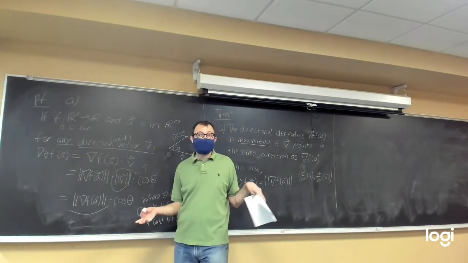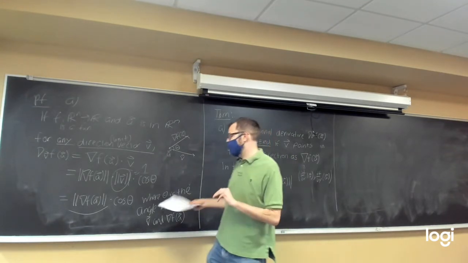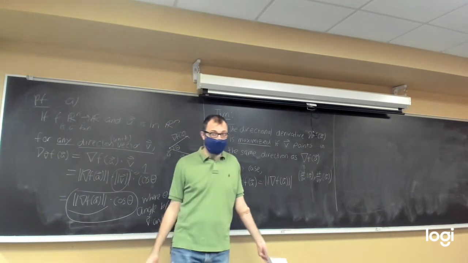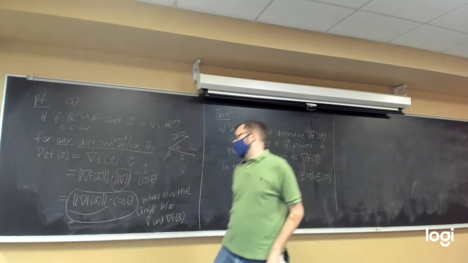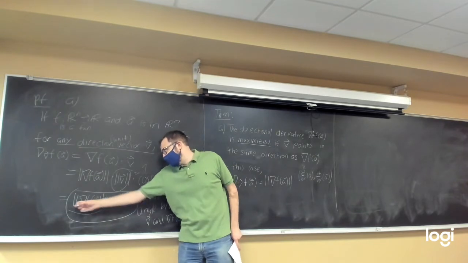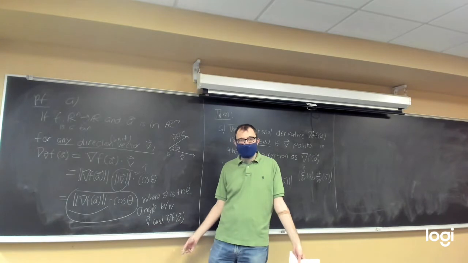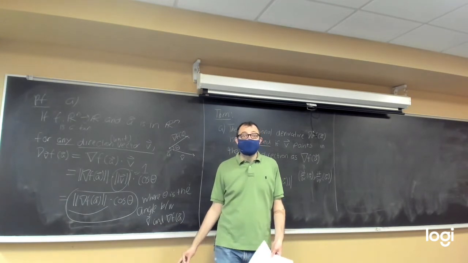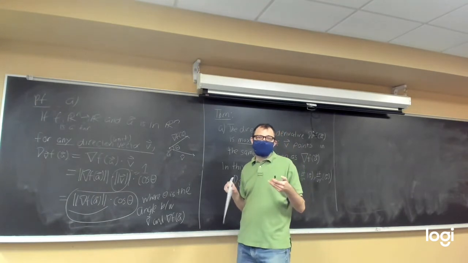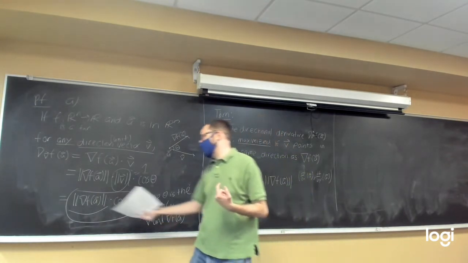But if all that you're looking at is what direction can I walk in that'll make the directional derivative, this whole expression, as big as possible, whatever we plug in for v is not going to affect this number. It's only going to affect the cosine of theta term. So really, the question we need to ask is, what vector should we plug in for v that will maximize cosine of theta and hence maximize this whole thing?